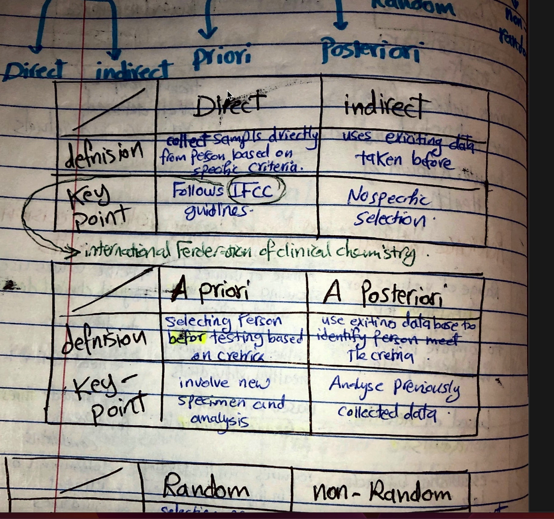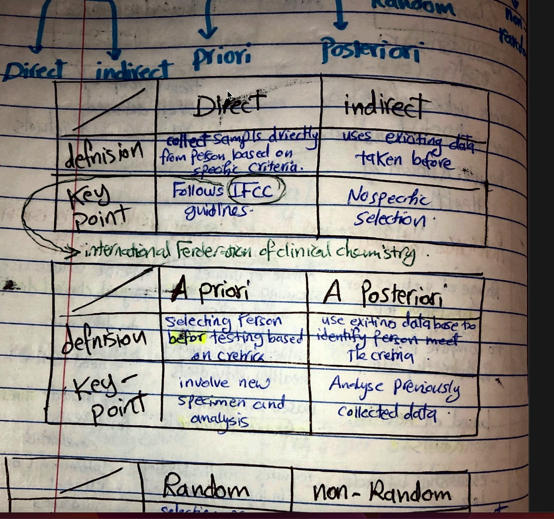But posterior is like behind: I have a database, and depending on this data I have to identify the person. So it is analysis of previously collected data. Again, prior means it's something before. I choose the person, then collect the sample.